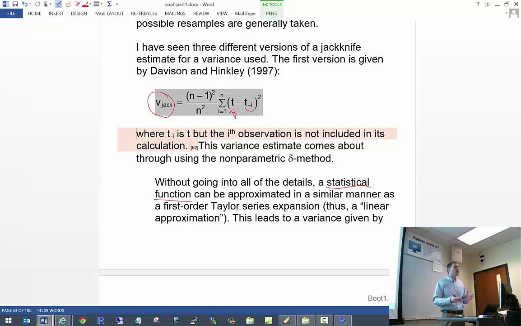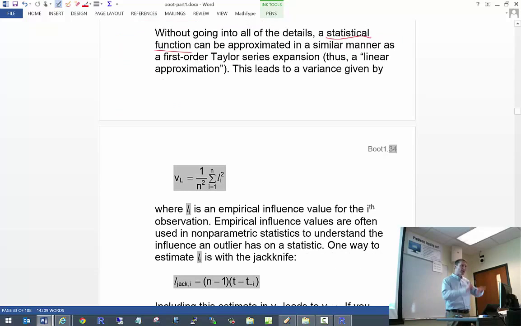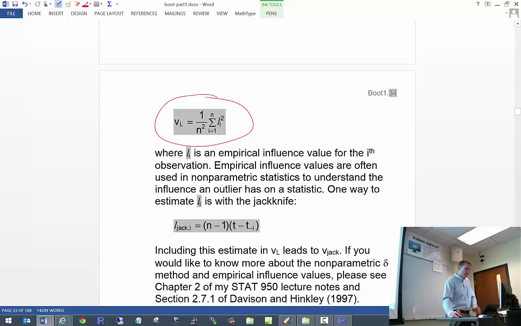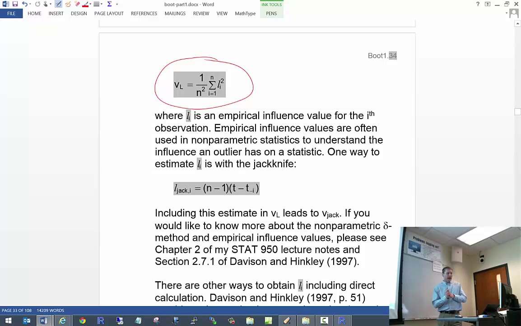A first-order Taylor series expansion is basically a linear approximation. So the non-parametric delta method comes about by using a first-order approximation to a statistical function. And without making any kind of distributional assumptions at all, it leads to the following expression as a general way to calculate the variance of any statistic at all.